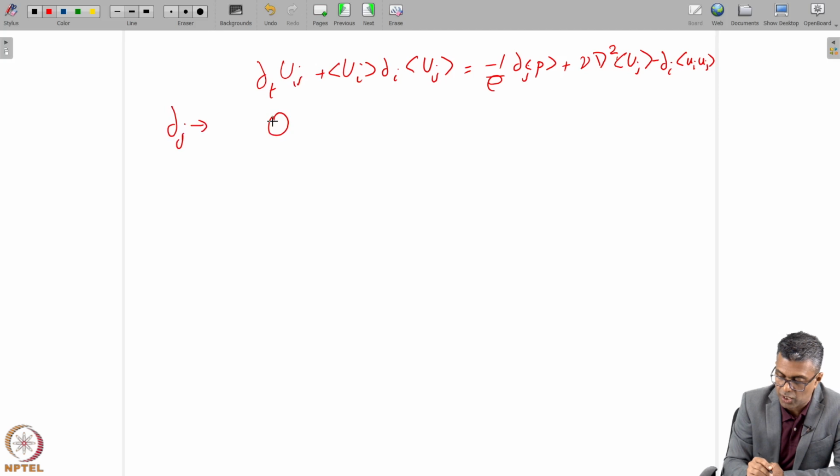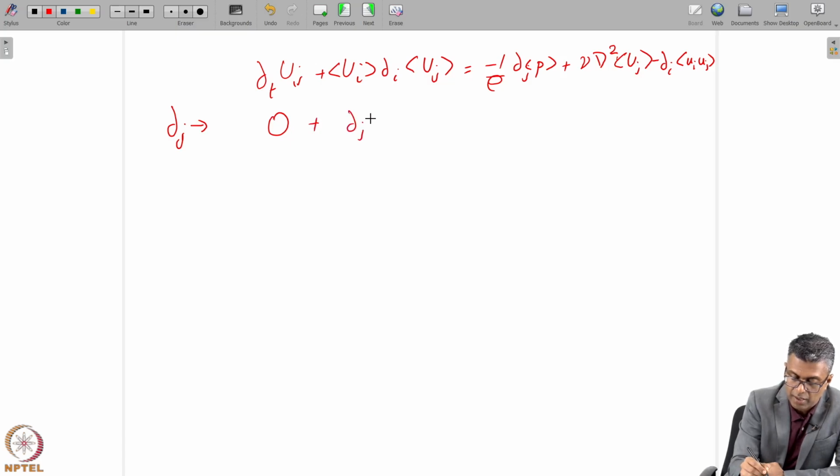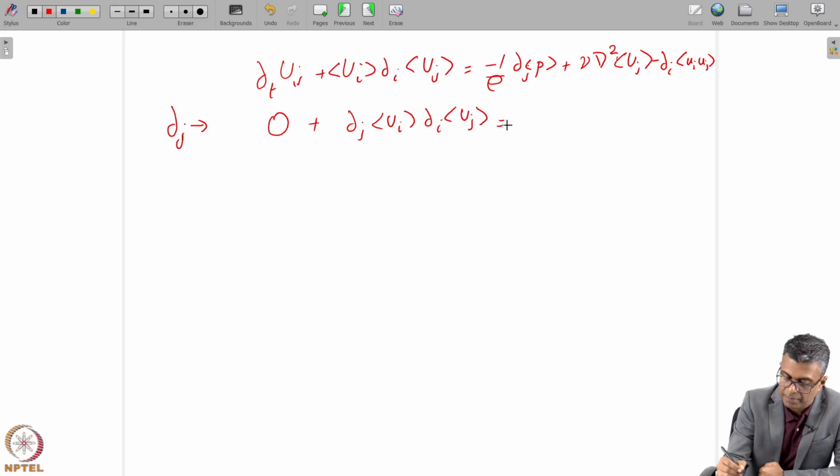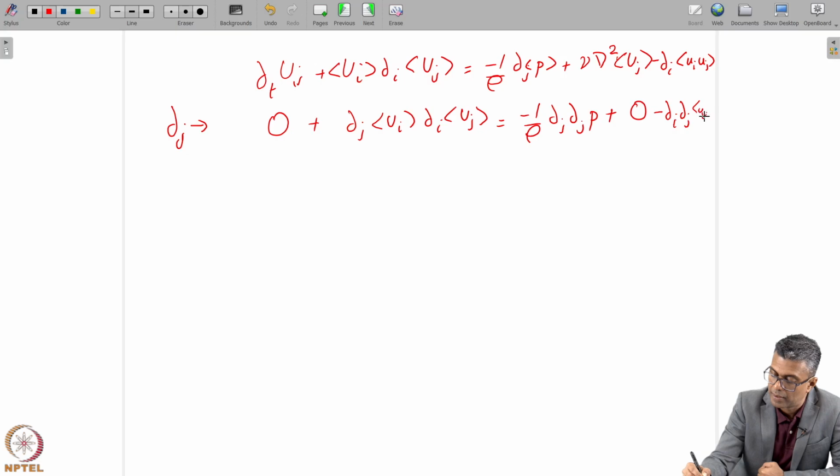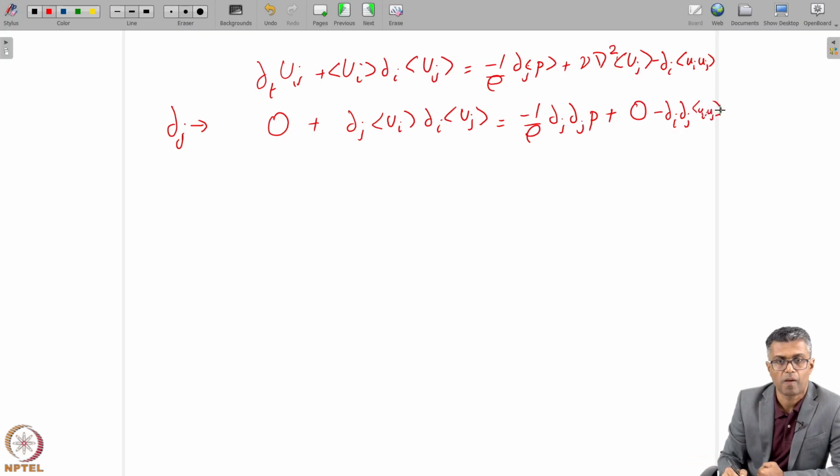The first term ends up becoming 0 because I'm taking del_j u_j, plus the second term, what I'll end up having is del_j u_i del_i u_j, and then here for pressure I'll end up having minus 1 over rho del_j p, plus the viscous term becomes 0 because I'll have again a del_j u_j, and then here again I'll have del_i del_j of u_i u_j, the Reynolds stresses. So that is what I end up having.